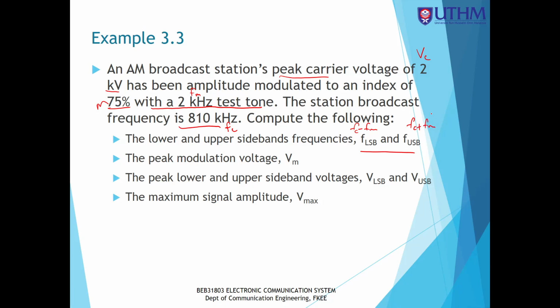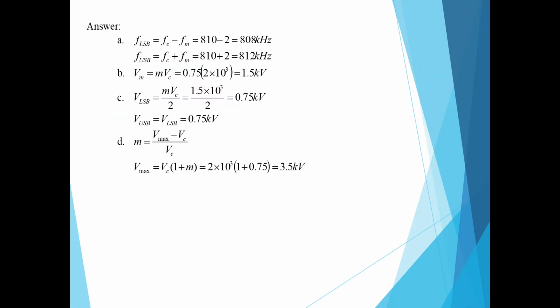So 810K plus 2K for upper, 810K minus 2K you get the lower sideband. 810 minus 2, you get 808 kilohertz. For upper sideband, 810 plus 2, you get 812 kilohertz. This is a straightforward calculation.